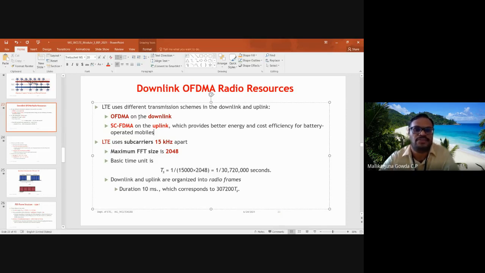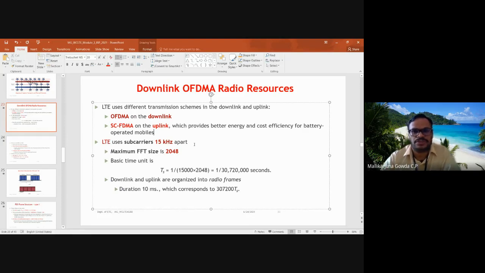Okay, fine. So that is one thing to understand, the type of multiple access used in downlink and uplink. The second thing is, as I said, LTE uses subcarriers which are 15 kilohertz apart, meaning the given bandwidth is divided into subcarriers with spacing of 15 kilohertz.